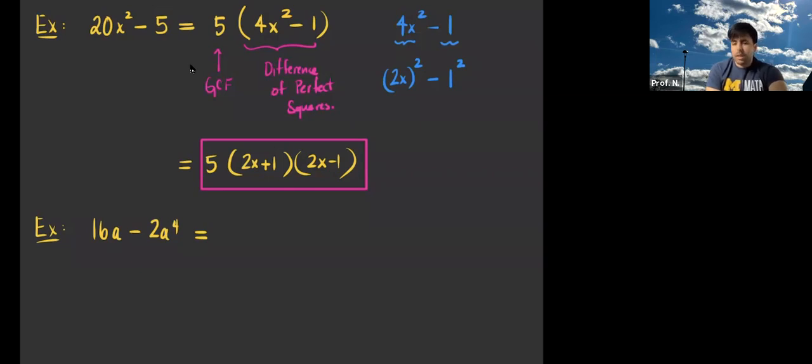Remember, look at the other variables, a and a to the fourth. What do we do when we want to find the GCF of variables? We always look for the smallest power. So what's the smallest power among a and a to the fourth? A really has a 1, right? So the GCF is not just 2, the GCF is 2a. That's my GCF. So when I factor out the 2a, what's left?